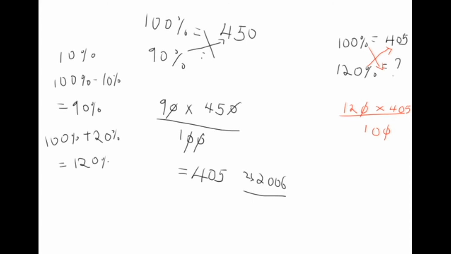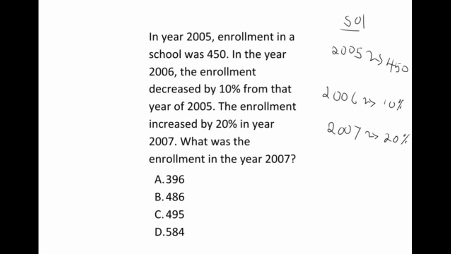Then multiply 12 times 405. We get 4860 divided by 10. We get 486. Therefore, the enrollment in the year 2007 was 486, which is B. It's our correct answer, 486.